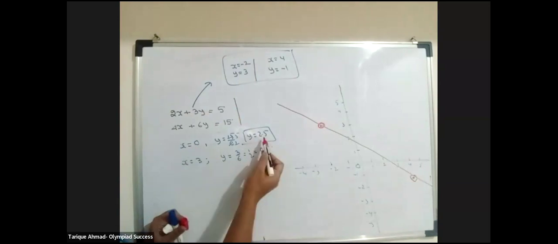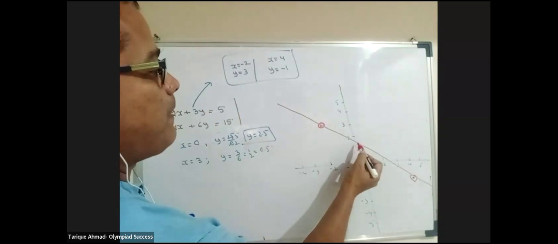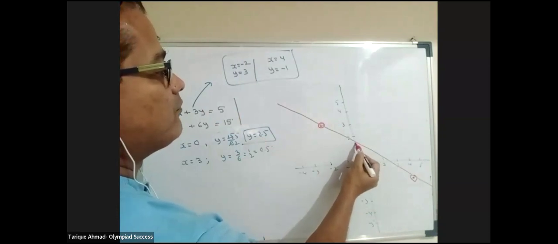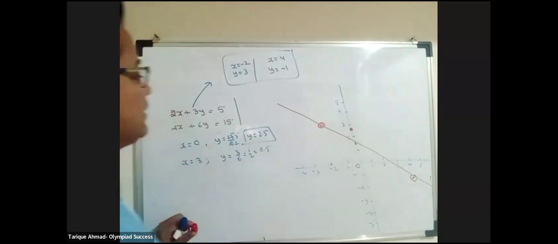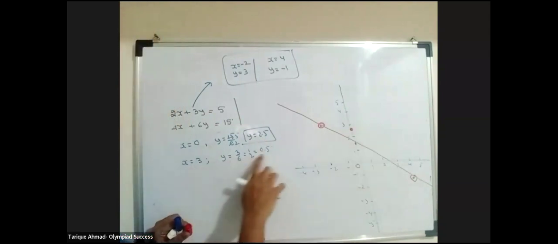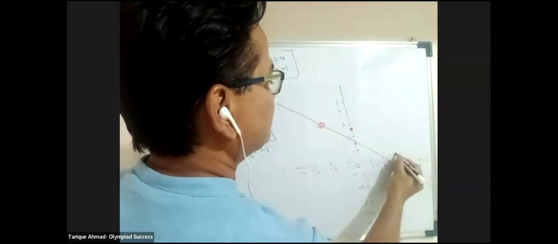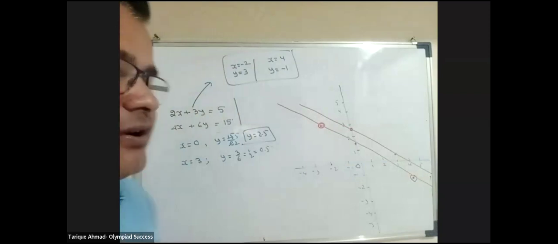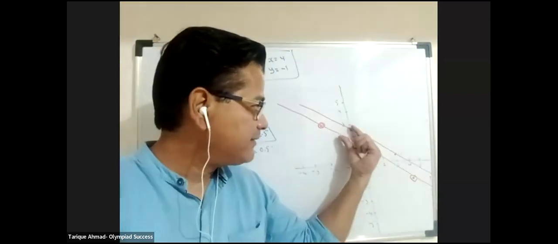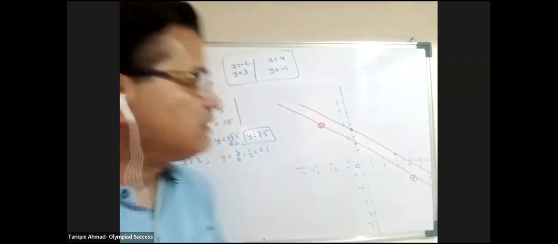Same here: 0, 2.5, and x 3, y 0.5. These two lines will never meet. They will be at the same distance throughout. So this is the meaning of no solution.